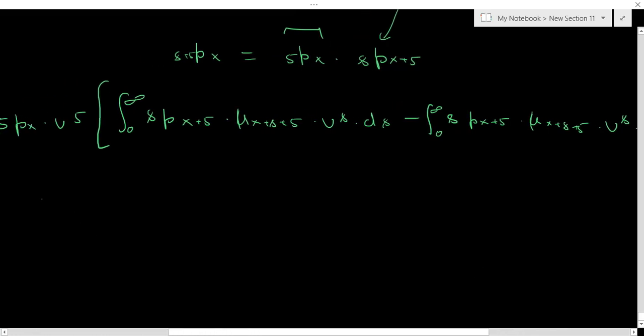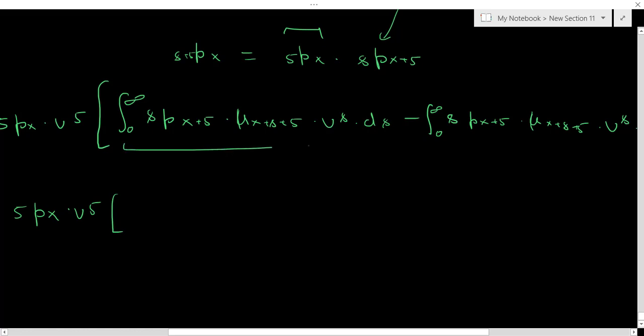Now let's just try to look at it, give a single expression for these things. So 5 p x, v to the power of 5, inside it integral going from 0 to infinity, s p x plus 5, mu x plus s plus 5, and v to the power of s ds.